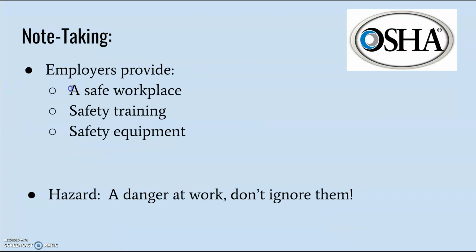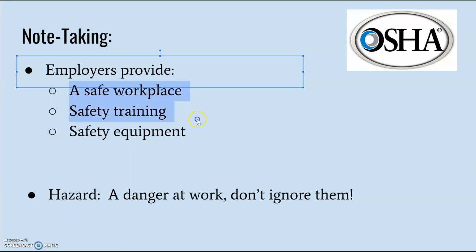Now, what does your employer have to do? Your employer must provide a safe workplace, safety training, and safety equipment. Now, can a workplace ever be perfectly safe? No, but they need to make every effort to keep the workplace as safe as they can. Let's take notes.